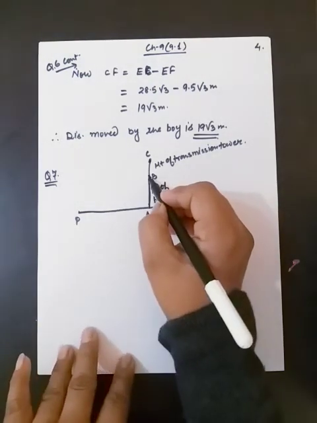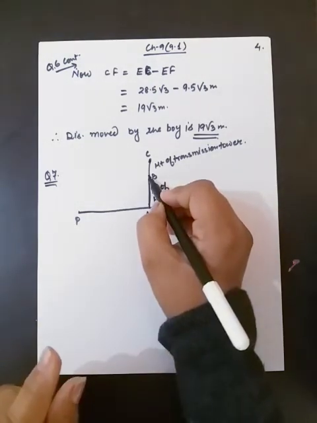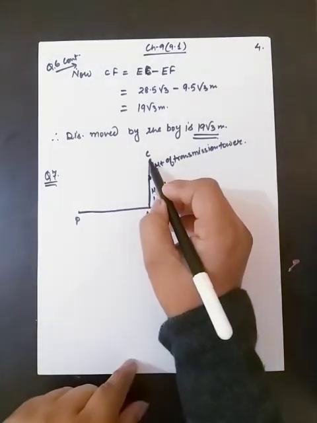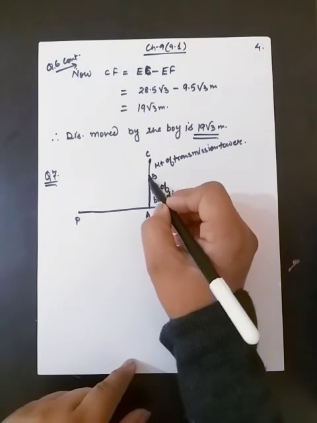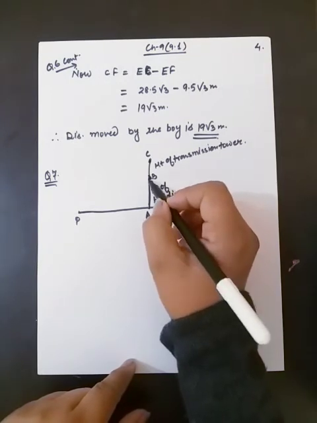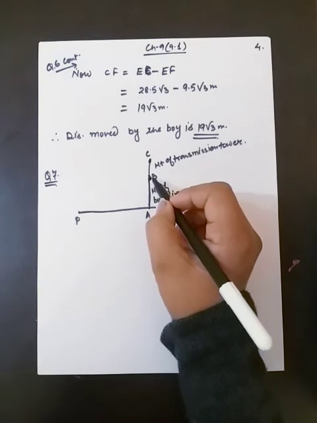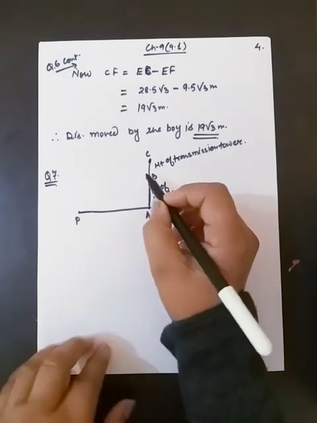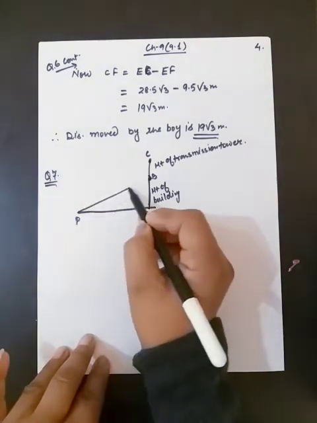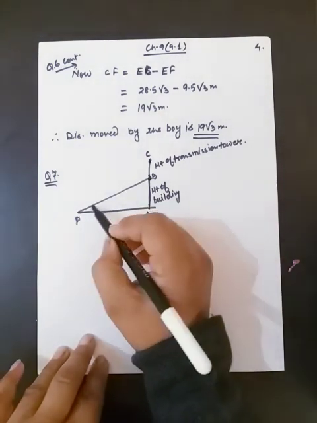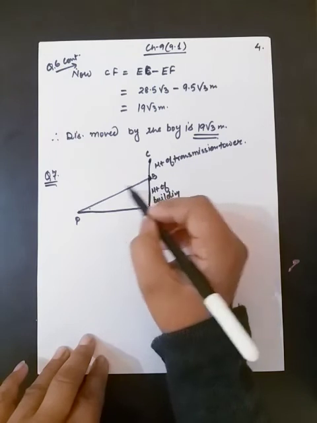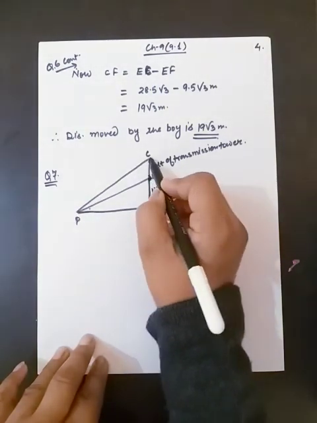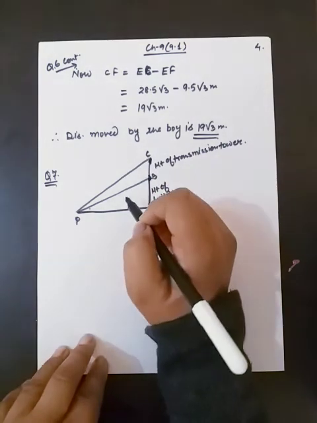So point B represent the bottom of transmission tower and point C represent the top of the transmission tower. Or you can see point B is also the top of building. Point B has two names, top of building and bottom of transmission tower. So this is line of sight. We are watching the bottom of transmission tower. Now again second line of sight. Here we are watching the top of the transmission tower.